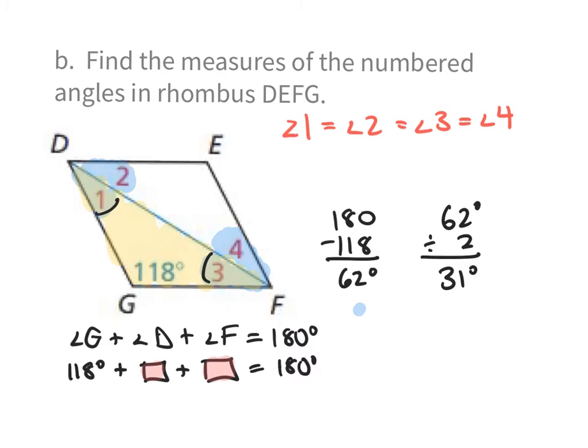So that means angle 1 and angle 3 are both going to be 31 degrees, which means then that angle 2 and angle 4 must also be 31 degrees. Okay? So if I were to fill this out, this would be 31, this would be 31, this would be 31, this would be 31, and heck, this one would be 118 as well. Opposite angles in any sort of parallelogram rhombus are always going to be equal.